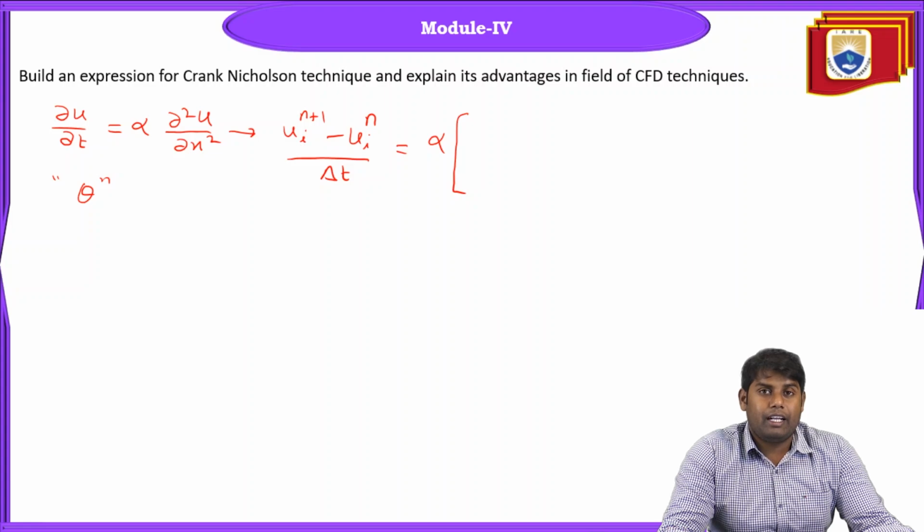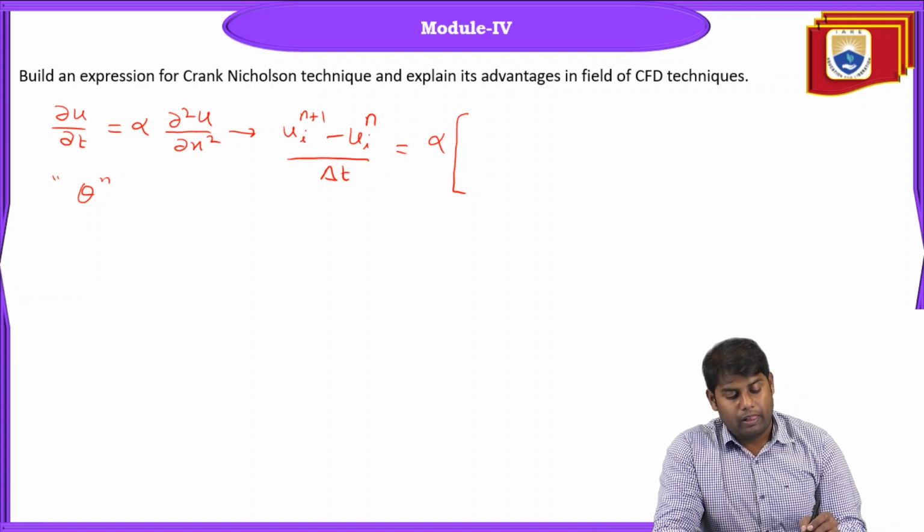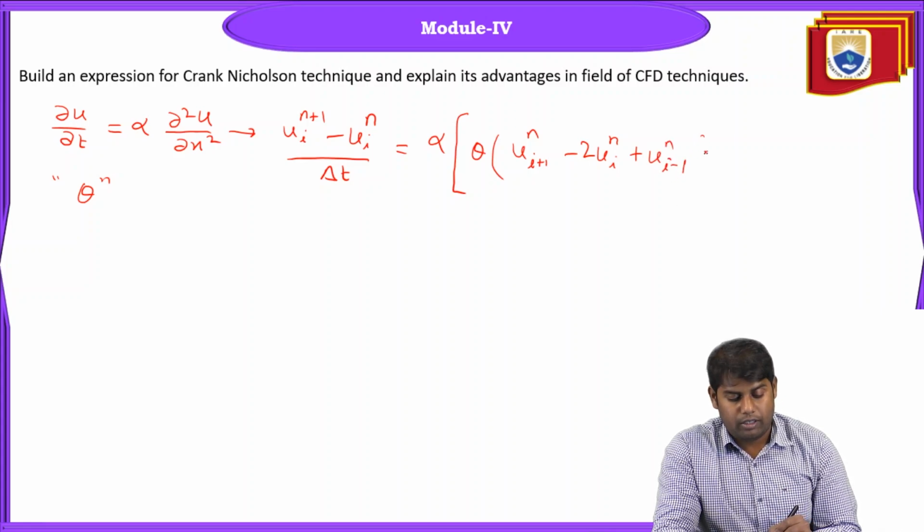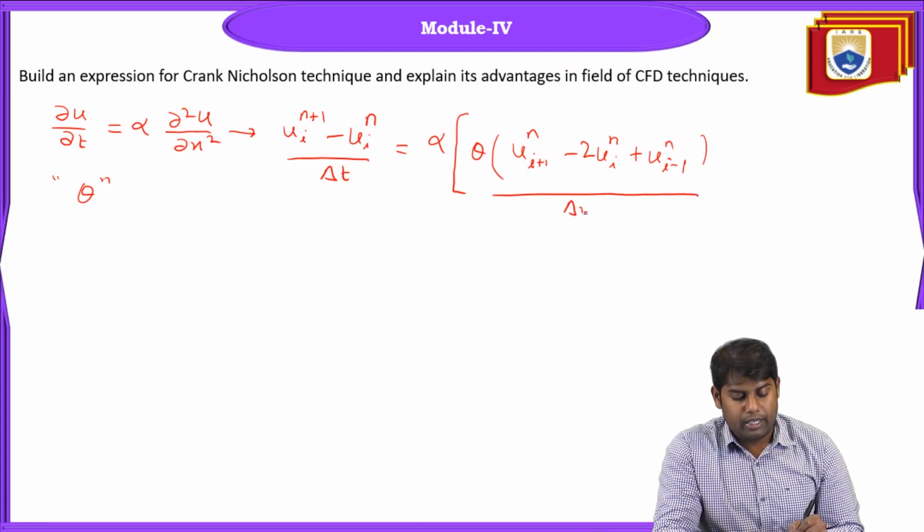Let's write down the formulation and then see how the scheme varies with theta. So theta into (u of i+1 to the power of n minus 2 u of i to the power of n plus u of i-1 to the power of n) divided by delta x square.